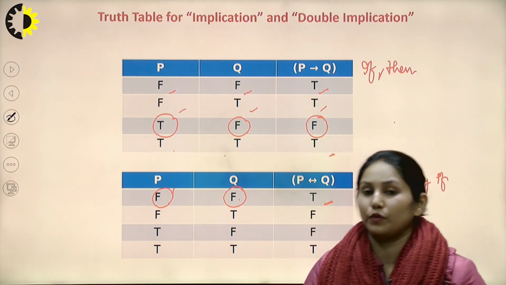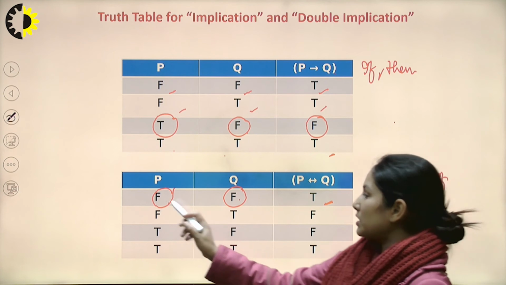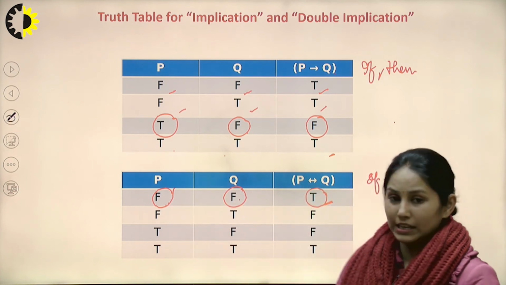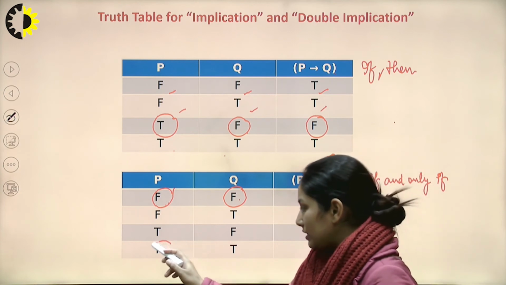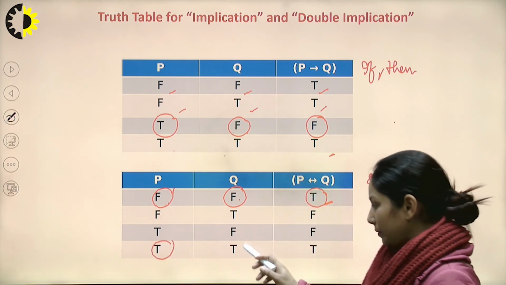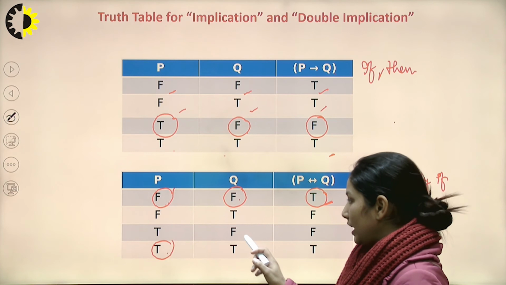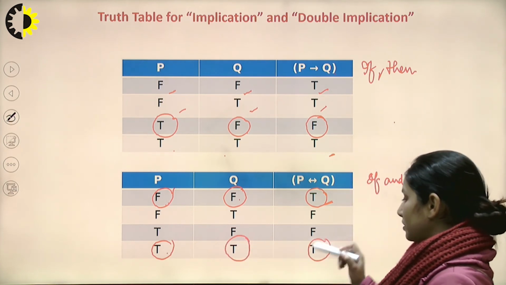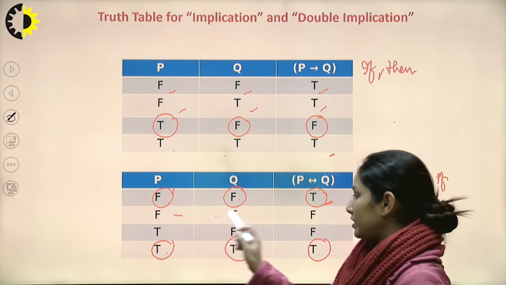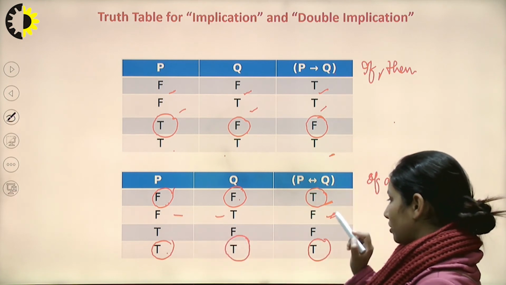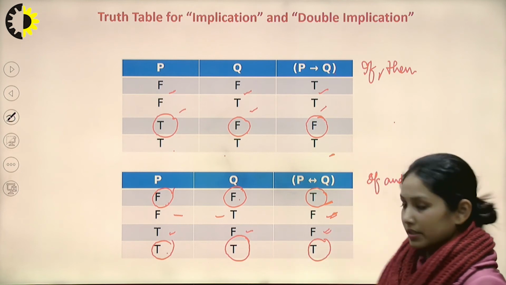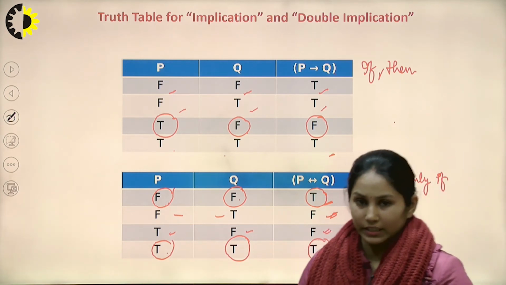Otherwise, your conclusion would be false. So if you have false and false here, then your output would be T. Similarly, if the value of P is T and the value of Q is also T, then you will have output T. Otherwise, for F and T the value is F, and for T and F also the value is F. Now let's solve an example.